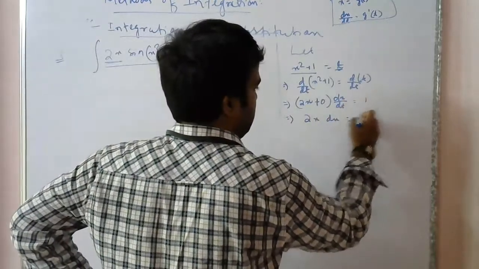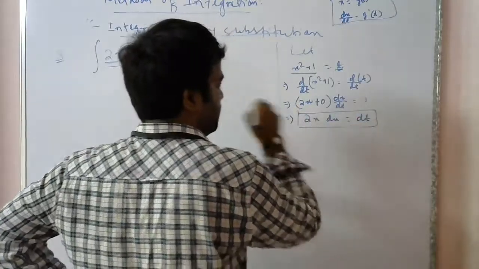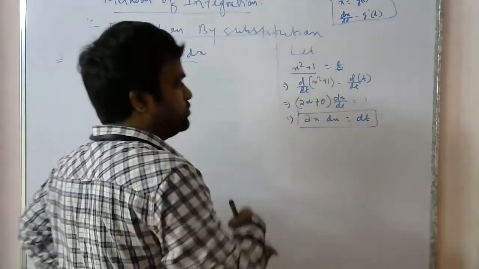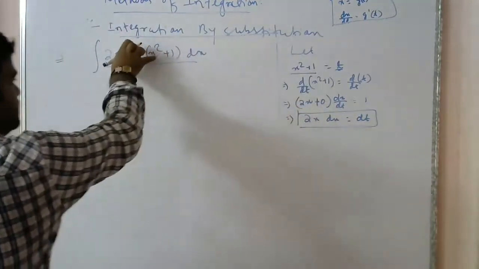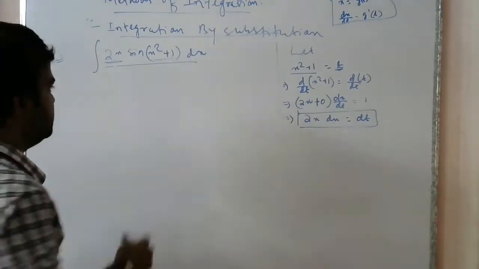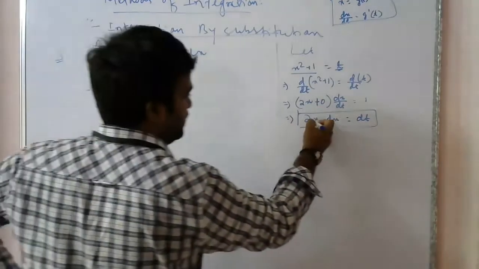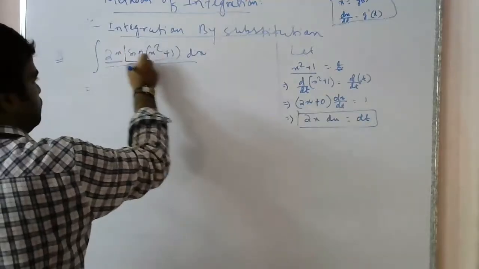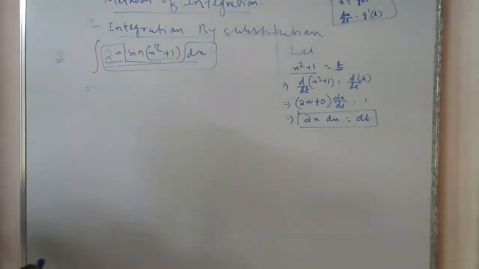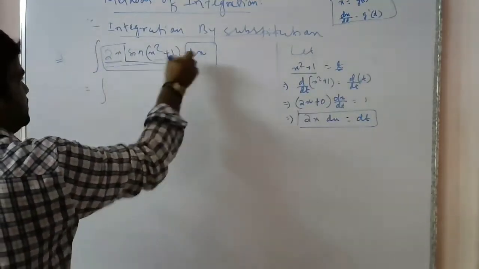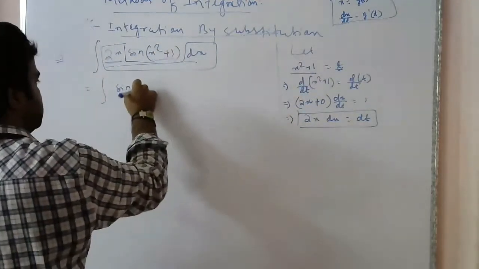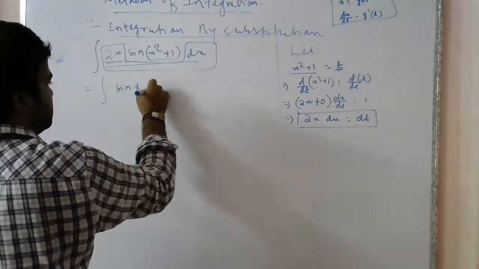Now you see, if I am taking x square plus 1 is equal to t, when I substitute these things, everything will be converted to the new variable t. Let's see. Here we are getting 2x dx is equal to dt. So here 2x dx, this one. Now I can write 2x dx as dt, and sine of x square plus 1, I have taken t, so this is sine t and 2x dx is dt.